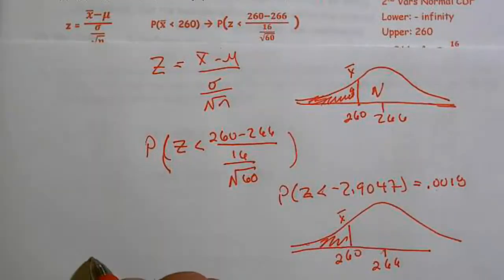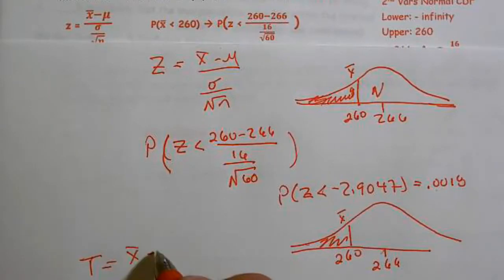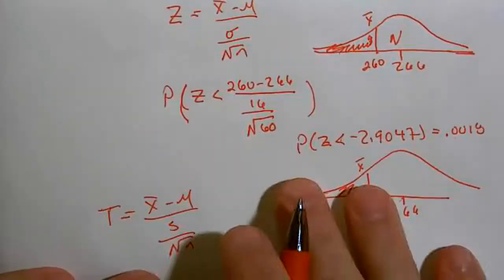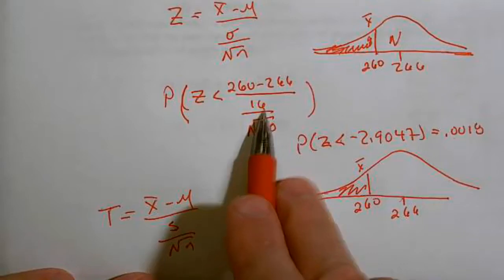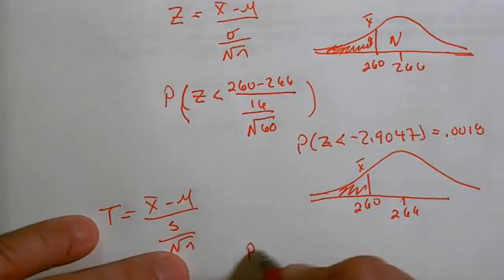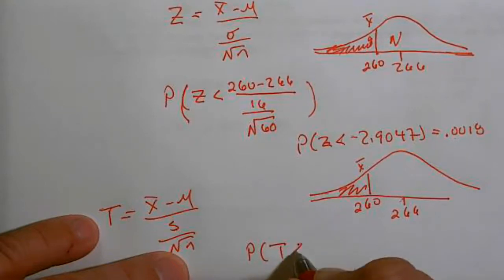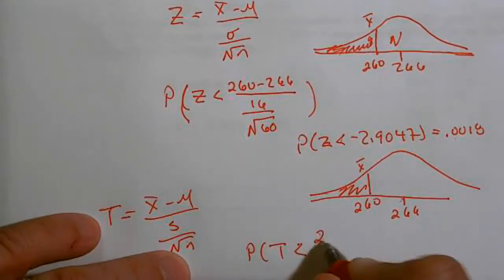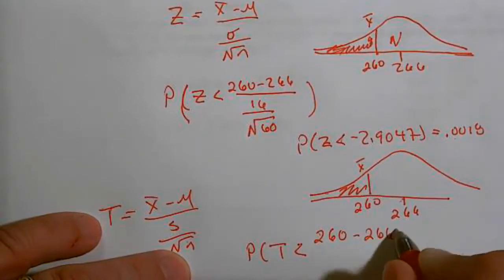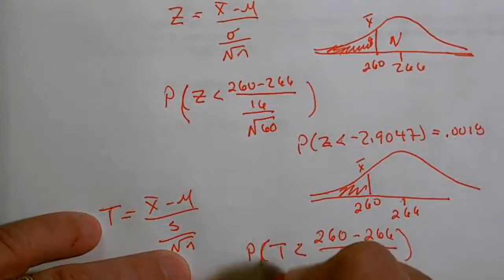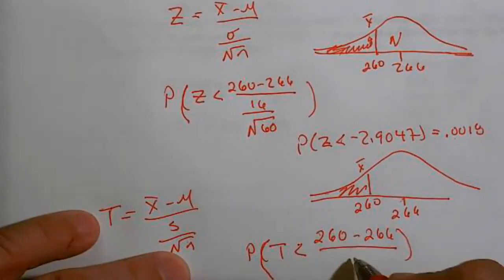And we're going to be using the T, which is T equals X bar minus mu, over S divided by the square root of n. And the reason we're using the S is because of the standard deviation of the sample. Here we had the standard deviation of the population, but we don't now. So we want the probability that T is less than 260 minus 266 divided by 16 divided by the square root of 60.